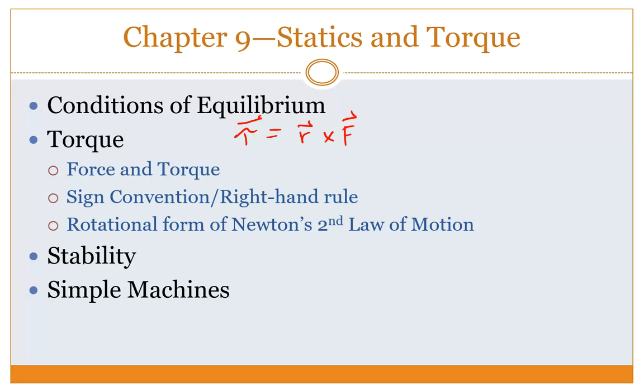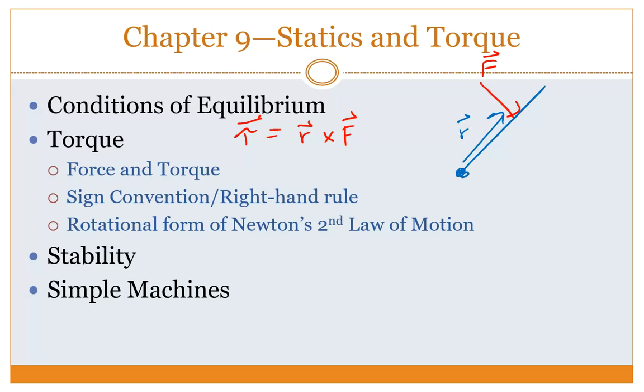How do you find the direction with the cross product? The right-hand rule. If I have a force acting like this, and it's acting on an object like this, about this point, so my R vector is going like that.